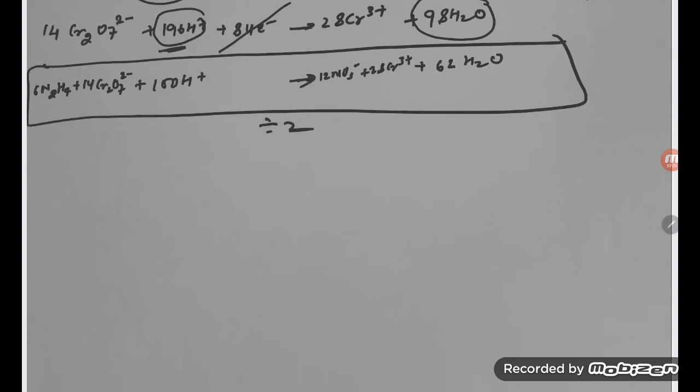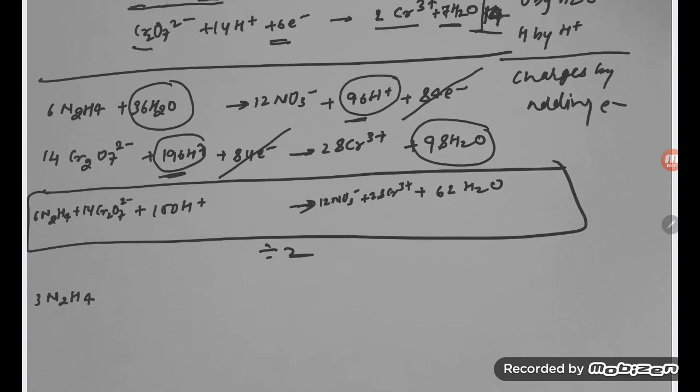So let us divide, student. It is going to be 3 N2H4, although this is not very easy, and then 7 Cr2O7 2 minus, then I think 50 H plus. This is 6 NO3 minus, then 14 Cr3 plus, and then 31 H2O.